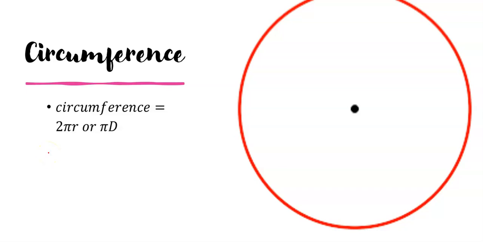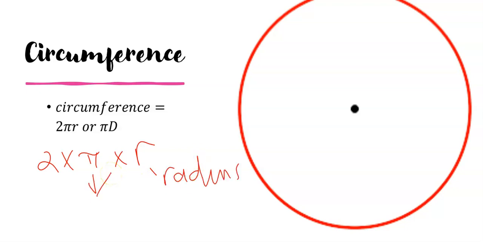In order to calculate the circumference, we have two formulas: 2 pi r, which means 2 multiplied by pi multiplied by r. Recall that r means radius, and pi is an irrational number that is approximately 3.14 or 22 over 7.